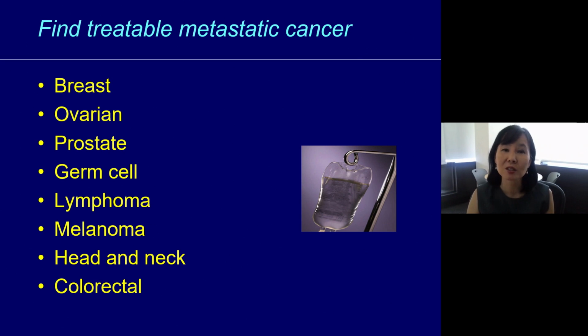So breast, ovarian, prostate, germ cell, lymphoma, melanoma, head and neck, colorectal cancers. These are all cancers that we do have treatments that could improve quality of life, improve survival, and ones that would be very, very worthwhile identifying so that you can give them the correct targeted treatment.